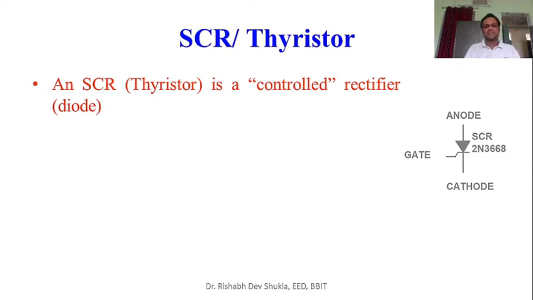The SCR can be taken as a controlled rectifier or controlled diode because it resembles an ordinary diode in the forward direction, except that we can control its turn on, whereas a diode cannot be controlled because it does not have a third terminal.